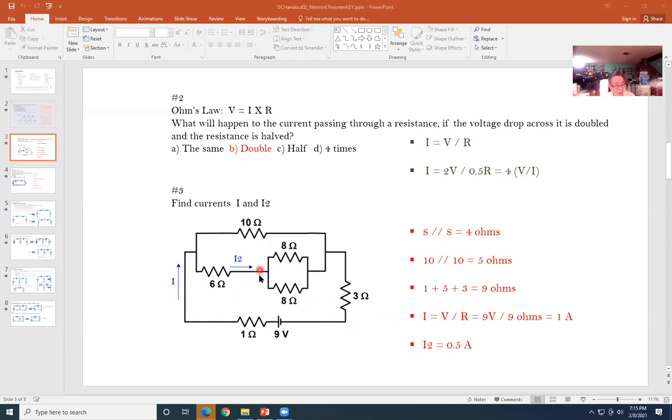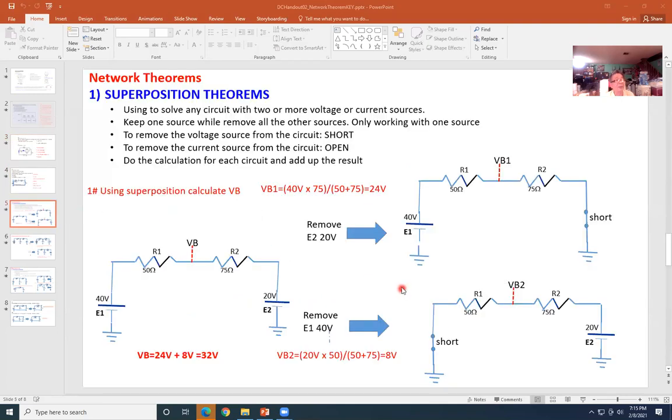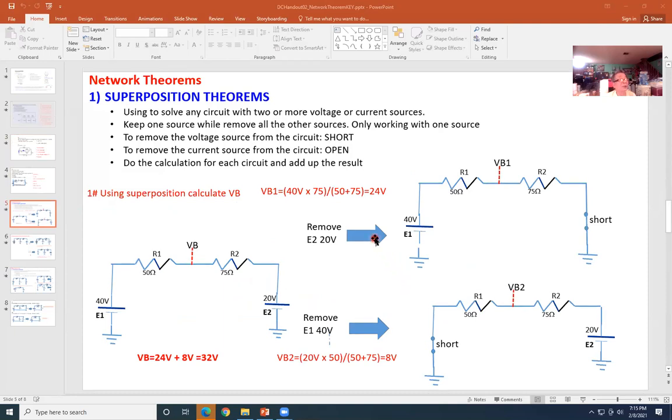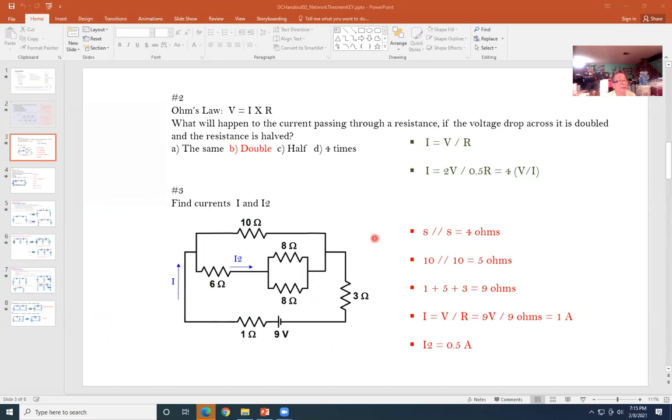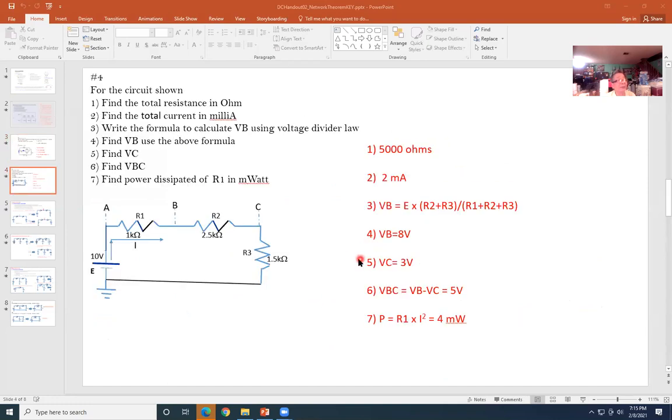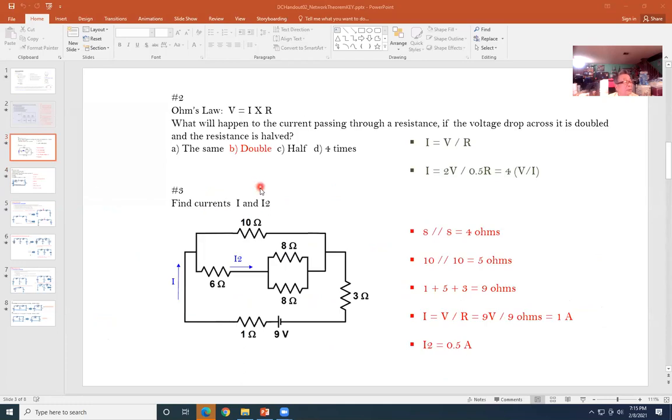The two resistors are equal, so the current splits evenly. Okay, and next one here, number 4. That one we have done.